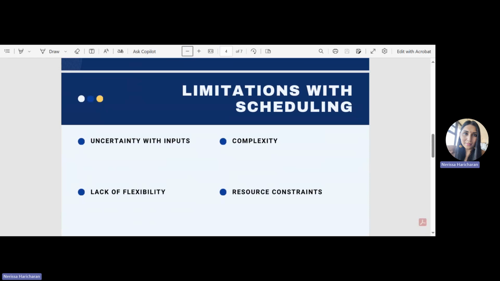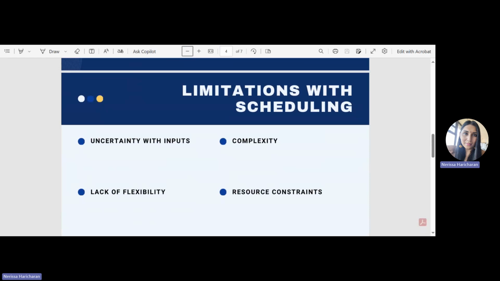Whereas in a dynamic environment where conditions change, the lack of flexibility can cause inefficiency within your business. Because the scheduling is quite tight and you can't change it, unfortunately, it can cause inefficiencies. And when we're speaking of limitations, we're speaking from a disadvantage perspective.